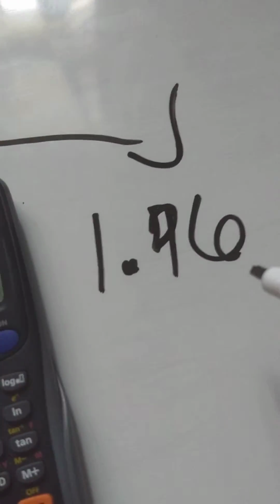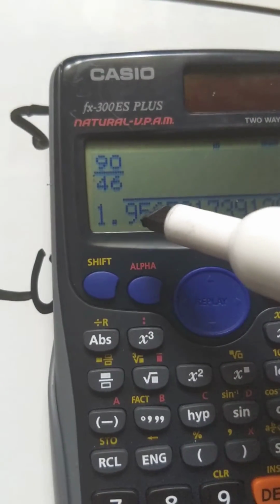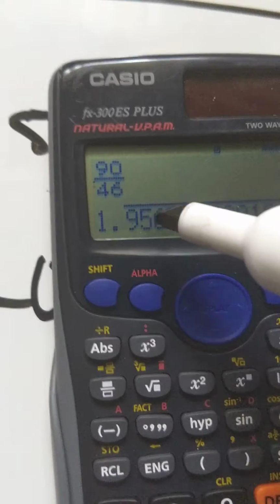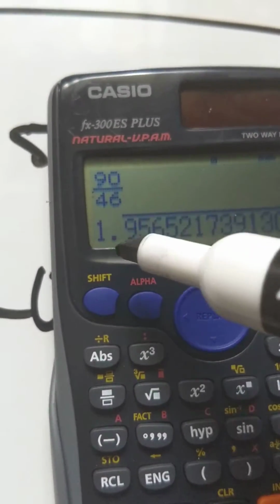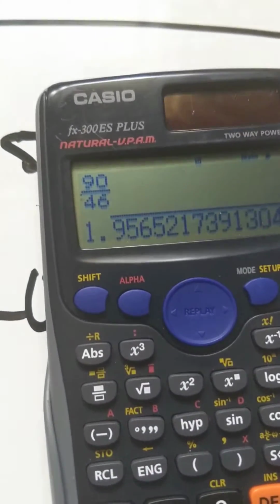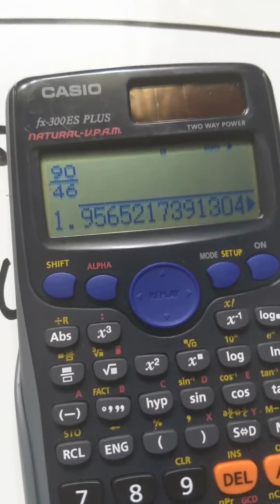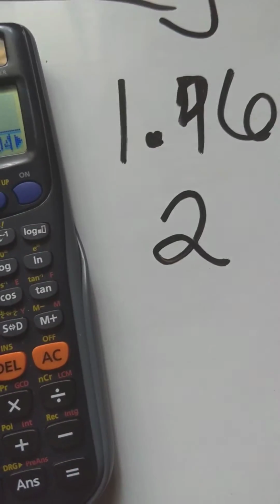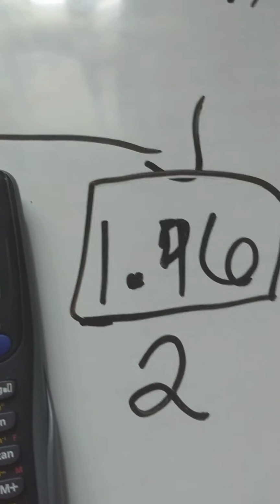So really, we could round to the first place after the decimal, and you end up with 2. But I prefer to work with this one, so I'm going to work with this one.